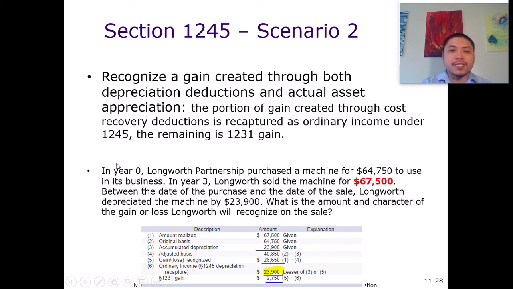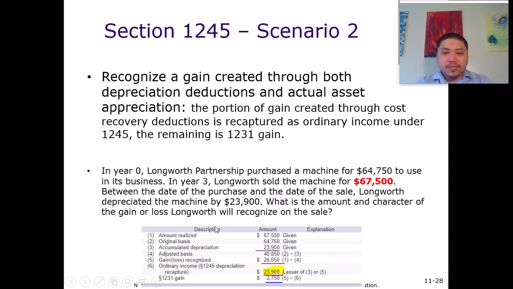We say in year 0, this company purchased a machine for $64,750 for business purposes, and in year 3, the company sold the machine for $67,500, and the accumulated depreciation is $23,900. So pretty much the same, it's just a different amount of revenue that the firm gets from selling the machine.